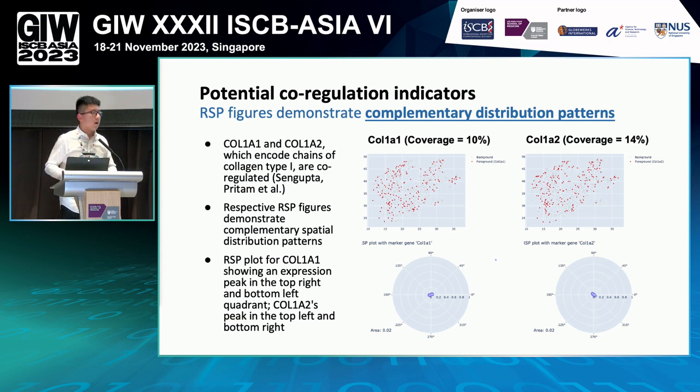Finally, because RSP is so much better at handling lower coverage genes, there are potential indicators for co-regulation. For example, for these two genes, which are related to collagen type 1, these genes do demonstrate complementary distribution patterns.